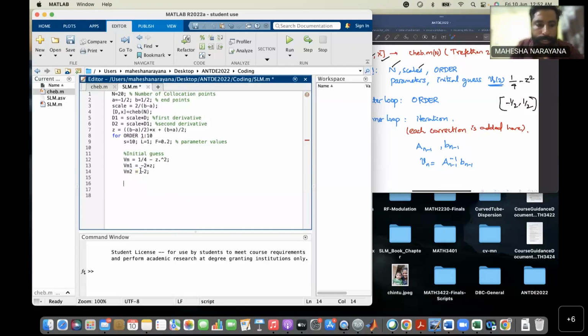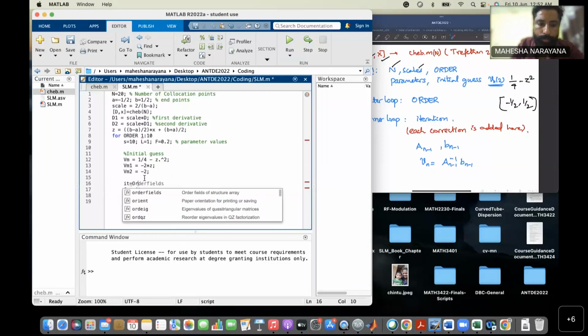Yeah, before you plot, you have to start the inner loop. So the inner loop is just for adding each term in the sum. Okay, so I'll start an inner loop for IT. That iteration will be set to order. It should be starting from 1, I see.